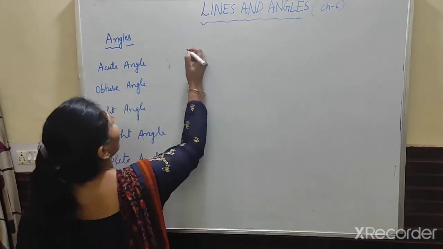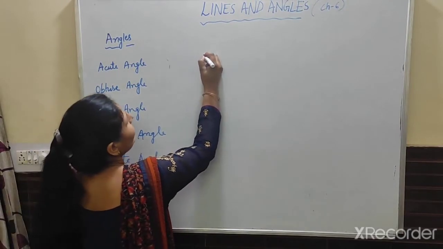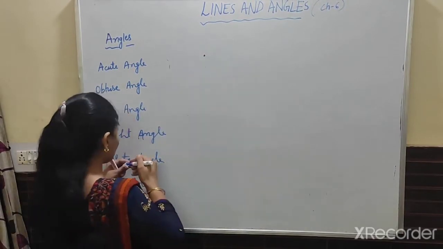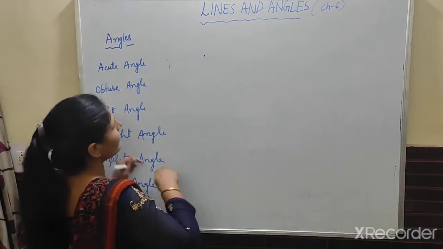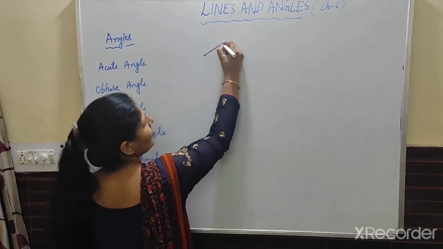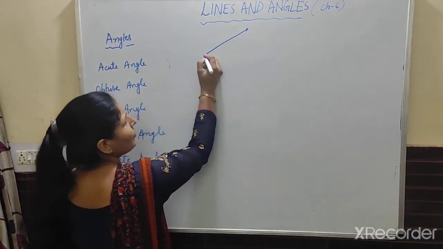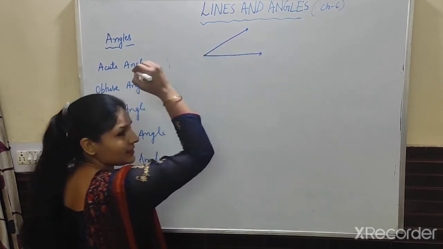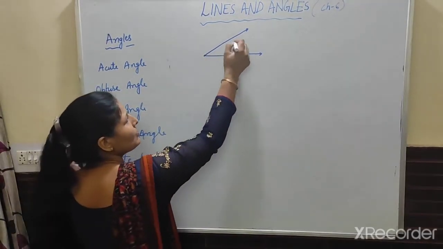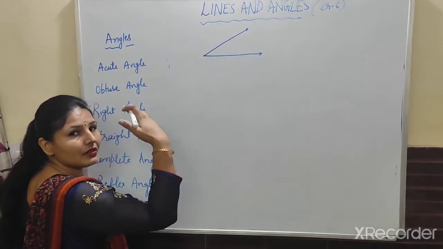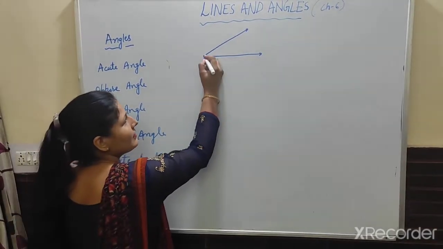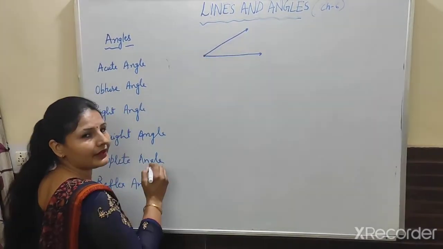So, can you define it? An angle is a region between two arms, two infinite arms you can say, in a fixed direction from a common vertex.